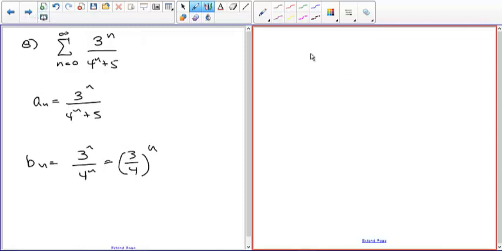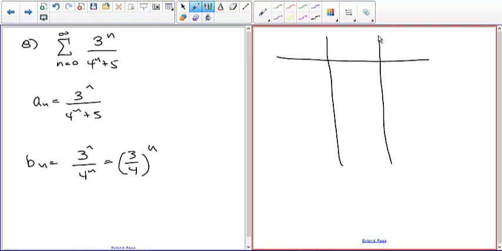We're going to set up our 3-column table. We'll have n, we'll have 3 to the n over 4 to the n plus 5, and we'll have 3 to the n over 4 to the n. And we start with n equals 0 in this case instead of n equals 1. So we'd get 3 to the 0 over 4 to the 0 plus 5, and that's 1/6.